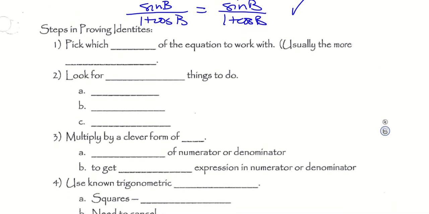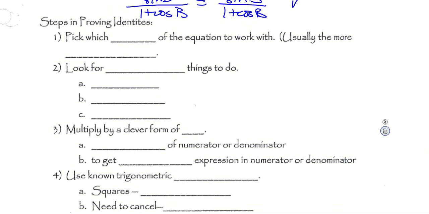So in general, this is what we want to do. To prove an identity, we want to pick which side of the expression to work with. Usually it's going to be the more complicated side. We want to look for algebraic things to do. Some of those, which we saw in an example today, was to add fractions.